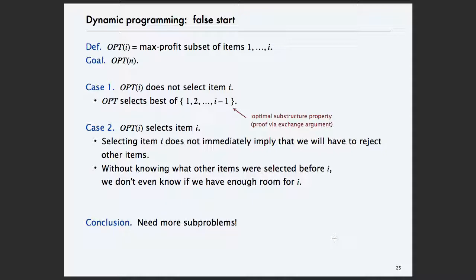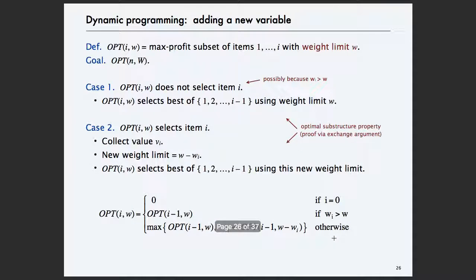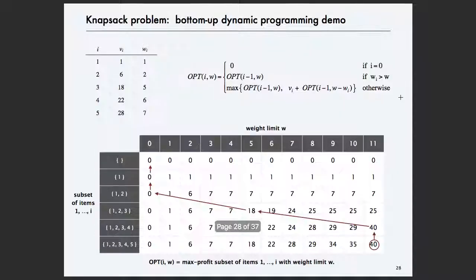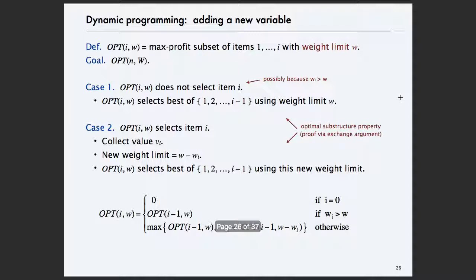I now have less weight available. So what I need to do is add more subproblems: add weight limit. So my table is going to be on subset of items i through j and weight limit. Does that make sense? So I'm adding one more variable, which is the weight limit.